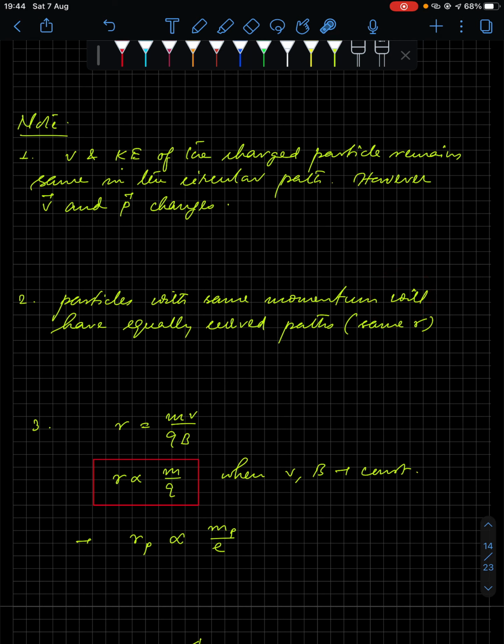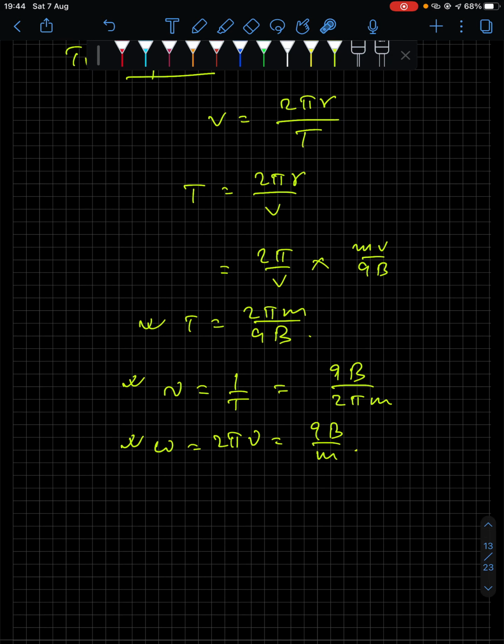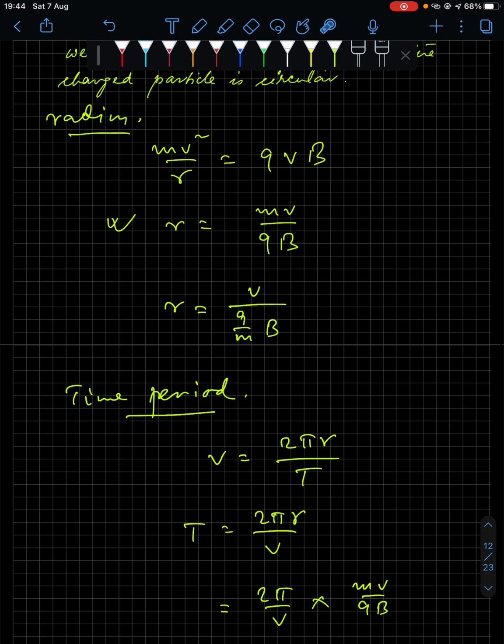Particles with the same momentum will have equally curved paths, that is the same value of r. That you can also check from the relation r = mv/qB. So particles of the same momentum will have the same radius. How can you say that? Because the field is constant.